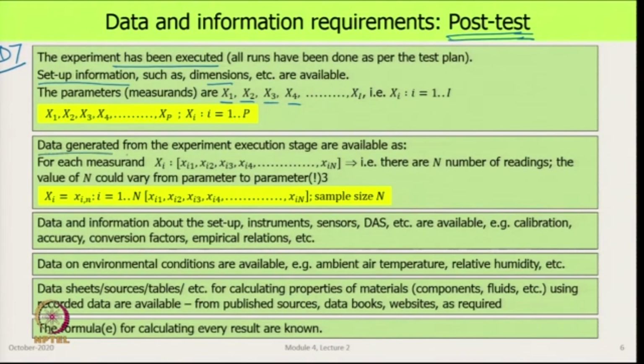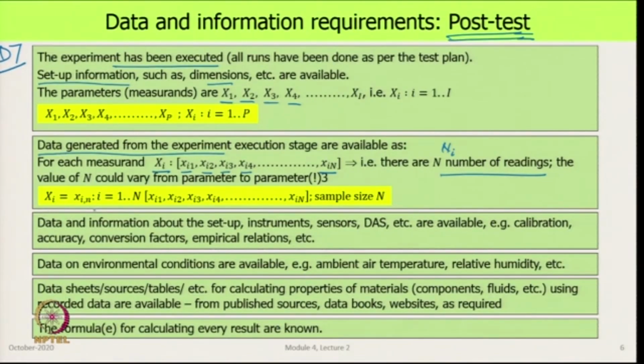So, the data generated from the experiment itself at the execution stage, this is for each measurand xi, we have these readings xi1, xi2, xi3, xi4, xin, n being the number of readings that have been taken for that particular measurand. Or we could differentiate it and say different readings may have different number of readings taken. So, this is n sub i. So, this is what we have.